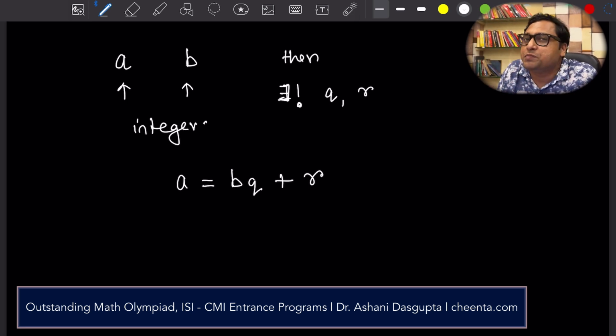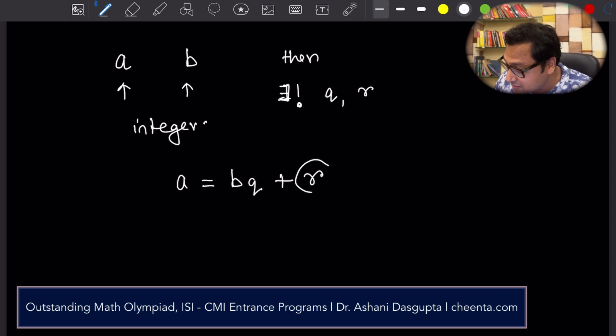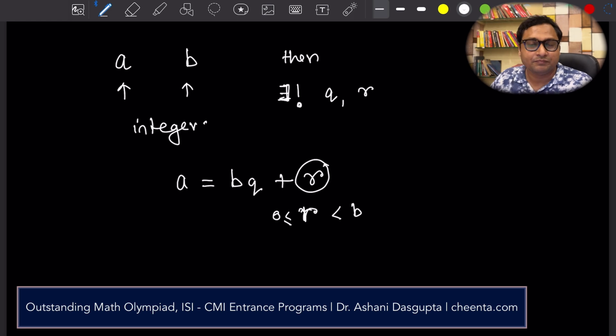Really, q should be the quotient and r should be the remainder. That's how you should think about it. That's exactly what they are. R, by the way, has a value between 0 and the other number b. b is the divisor in this particular case.